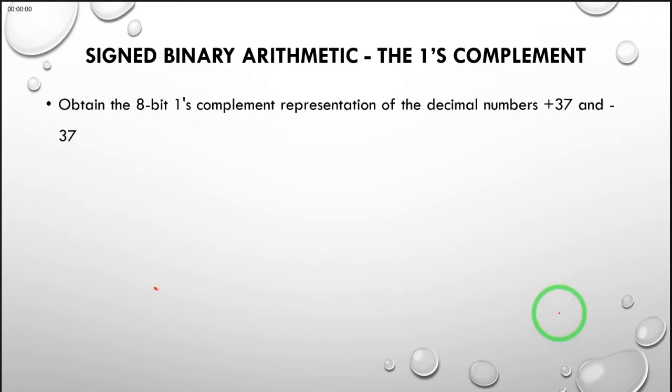As I also mentioned, there are times you'd specify a limit on the number of bits that you are going to use to represent a number. And in this case, we are asked to use an 8-bit scheme using the ones complement representation to represent positive 37 and negative 37.